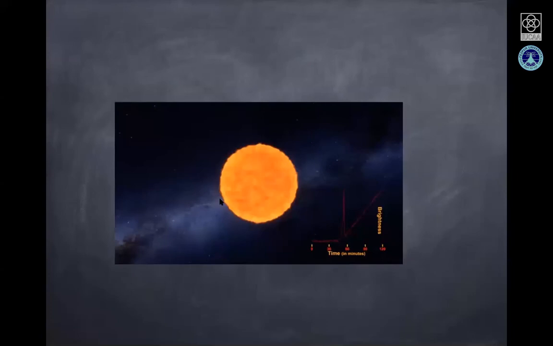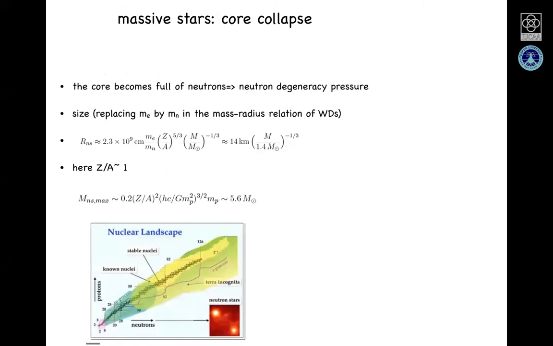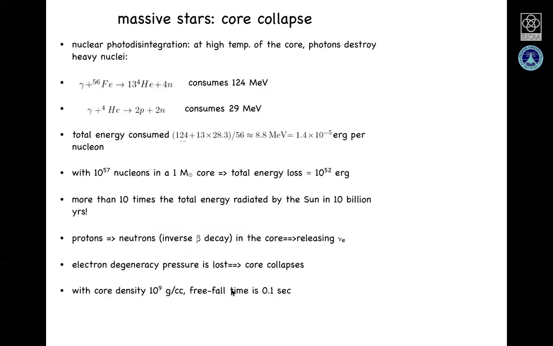So that's what happens in the core then, in the neutron star, right? It collapses, and so what will happen? The core is collapsing, and the whole star then starts collapsing.